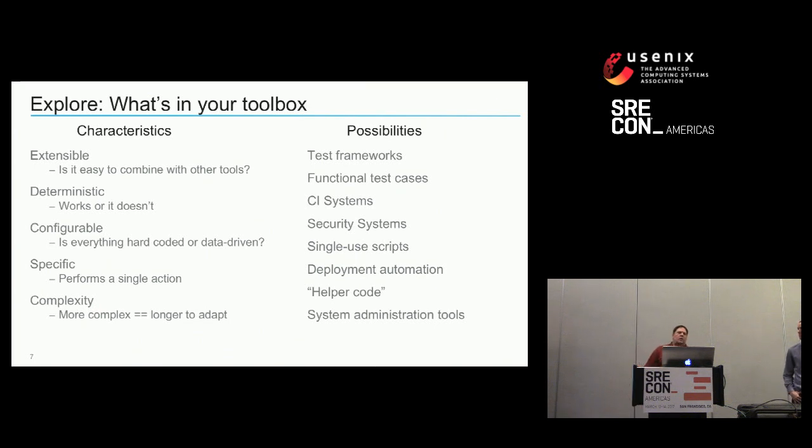So we wanted to be careful that they weren't too complex, because we really thought the more complex they were, the longer they're going to take to adapt to a new purpose, and the longer it's going to take somebody to be successful with them. And again, our goal is to be visible, show progress early, and ultimately reduce toil.